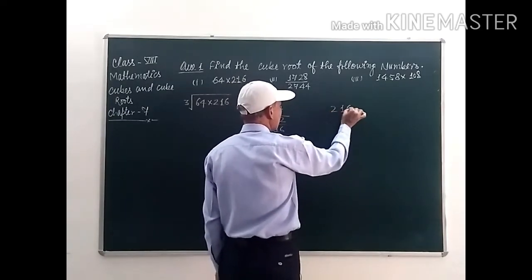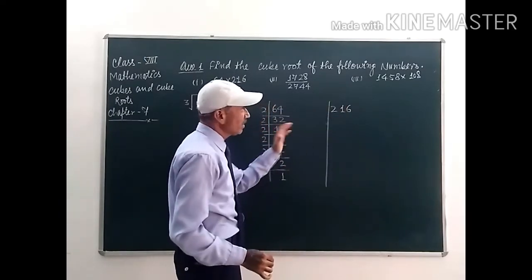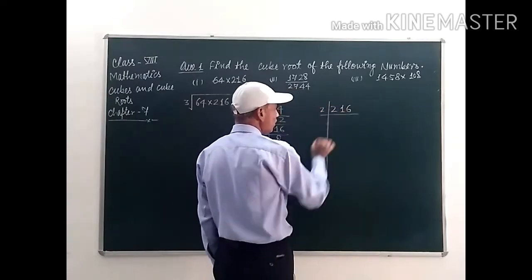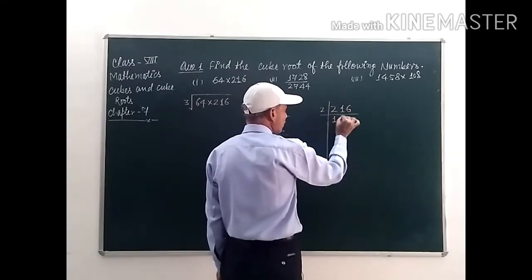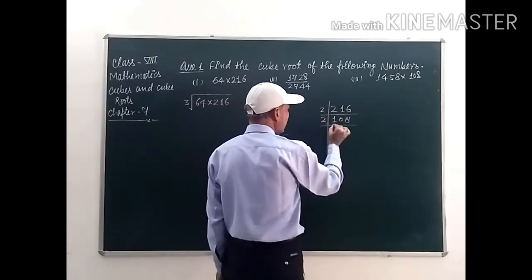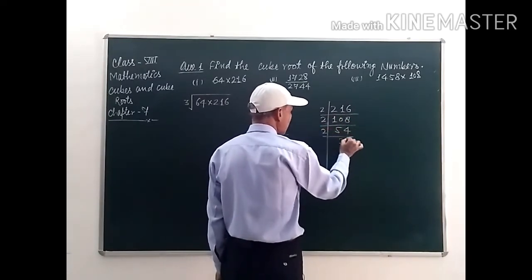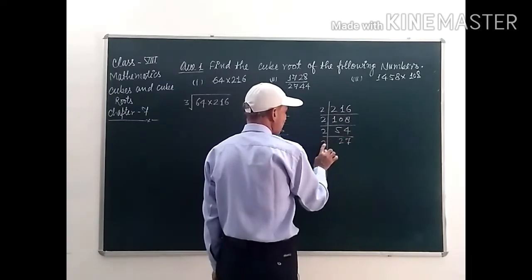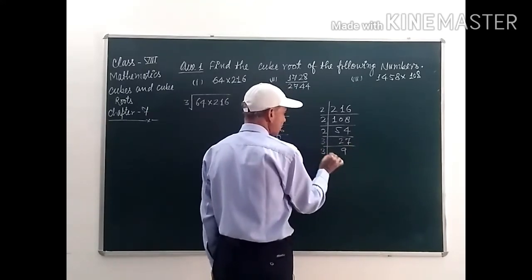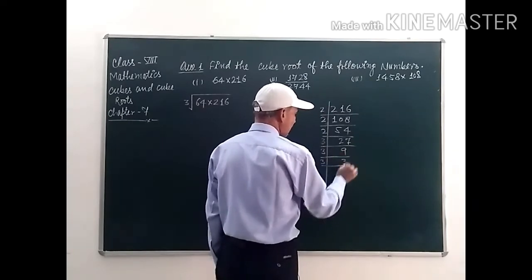216. Okay, student, this number is 216, and you are going to find the prime factors of this number. It is divided by 2, 108, 2 54, by 2 again, 27, and take here 3, 3 9s are 27, 3 3s are 9, and by 3 again we will get 1 here.